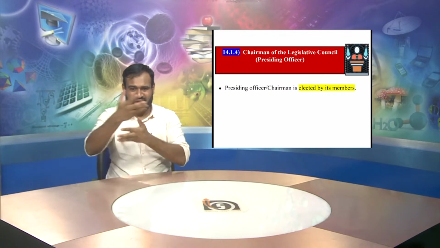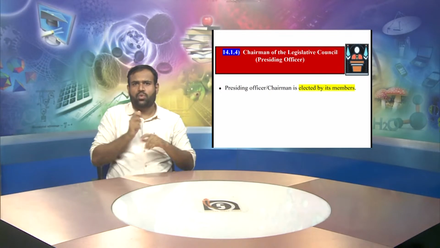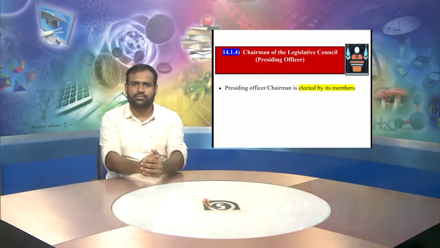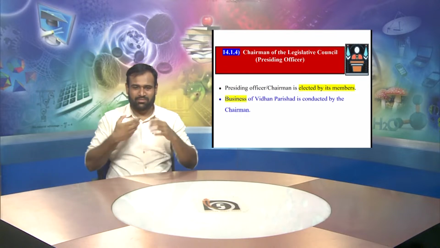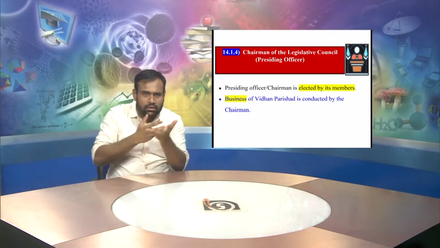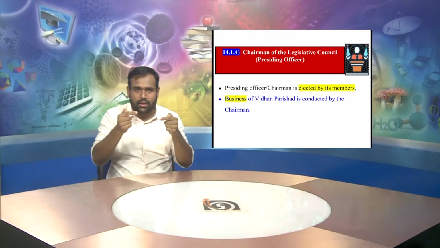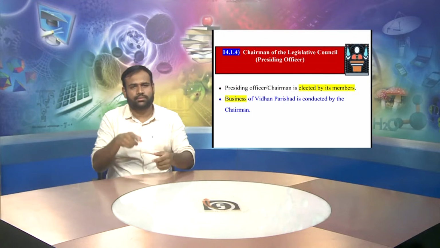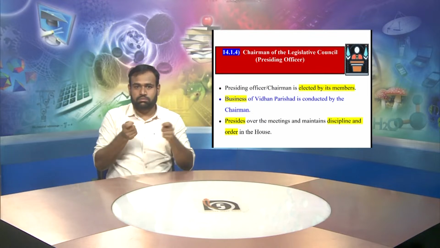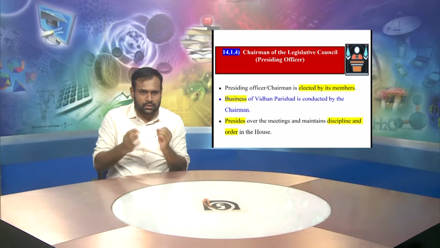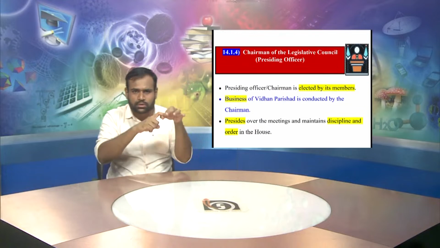Let us now understand the chairman of the Legislative Council, how the presiding officers are elected. The presiding officer or the chairman is elected by all its members. And the business of Vidhan Parishad is conducted by the chairman only. The presiding officer presides over the meetings and maintains all the discipline and order of the house.